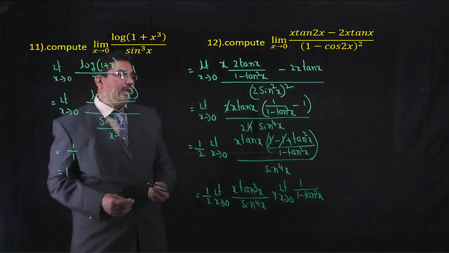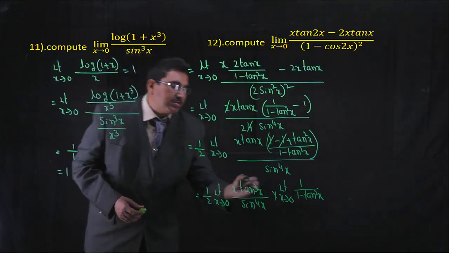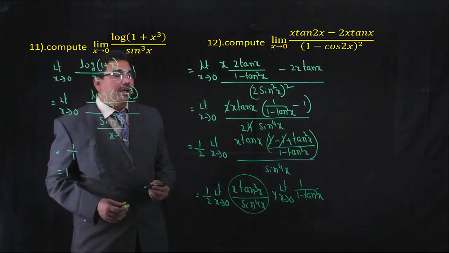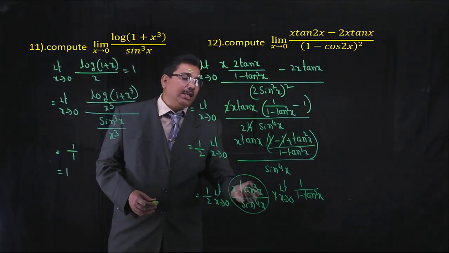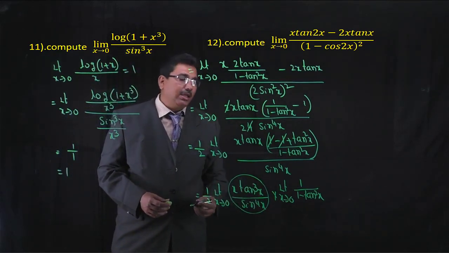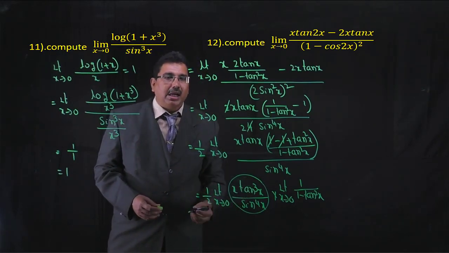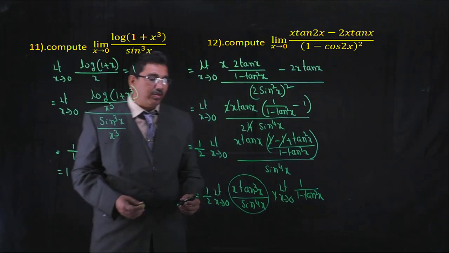Right, observe this function. Divide numerator and denominator by x power 4.